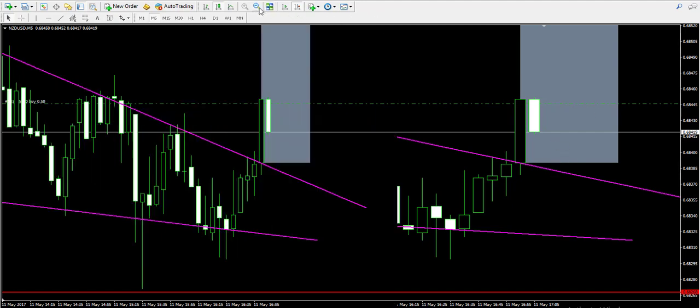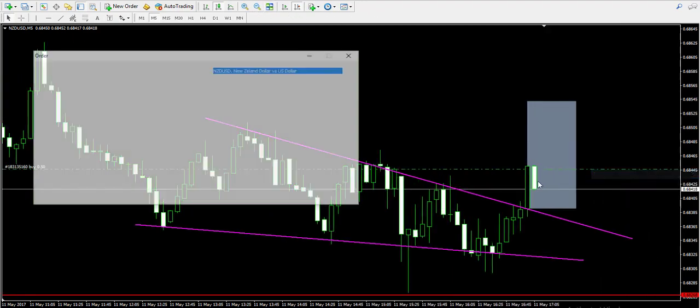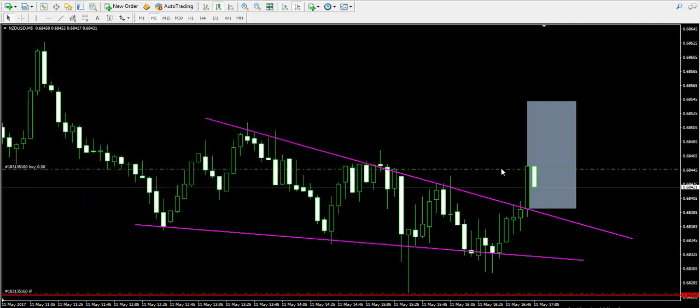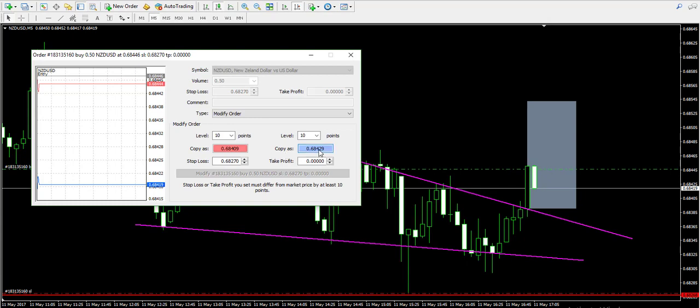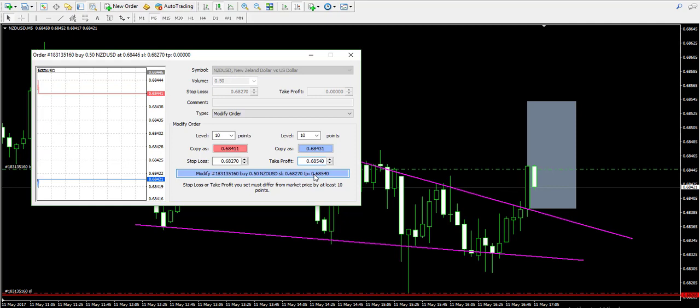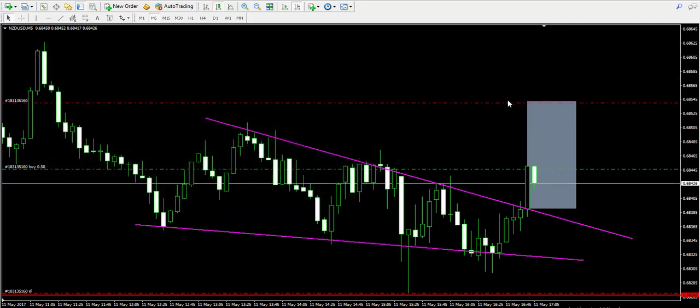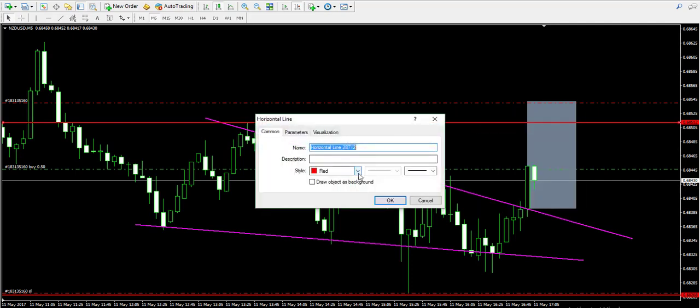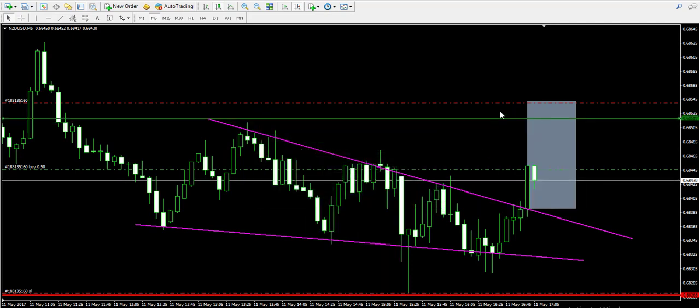Now let me position the other levels on the chart. Stop loss goes, as I said, at 0.6820, 0.6827 maybe. Okay, and take profit will go at 0.6854, and now I will mark this level with a green line, the take profit level.